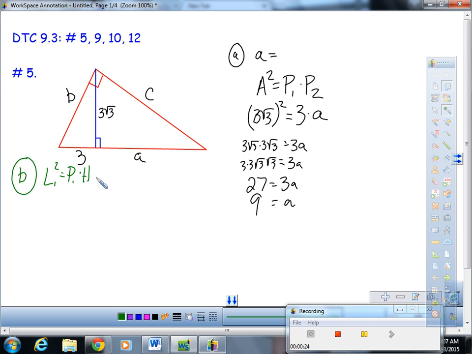Now we know that A is 9, so I can say that B squared equals 3 times 9. Wrong. B squared equals 3 times 12. Sorry. So B squared equals 36.